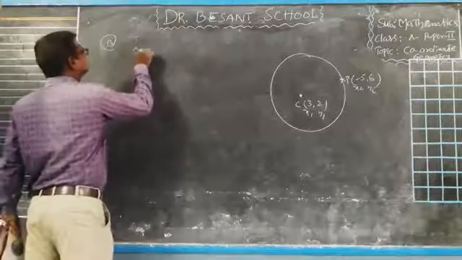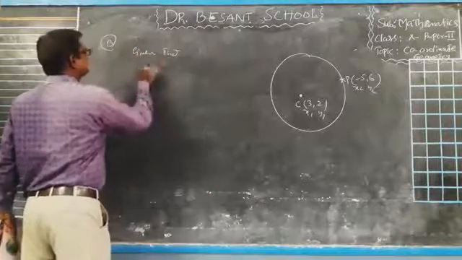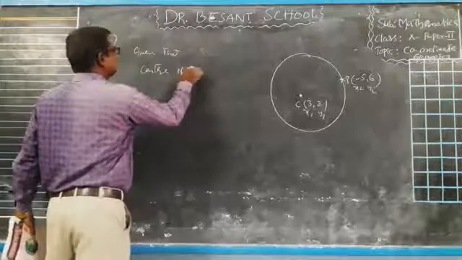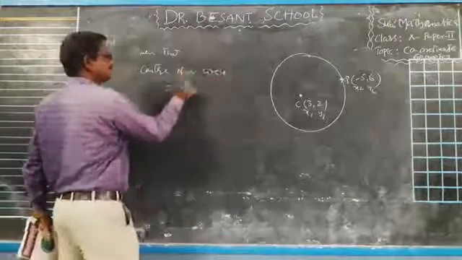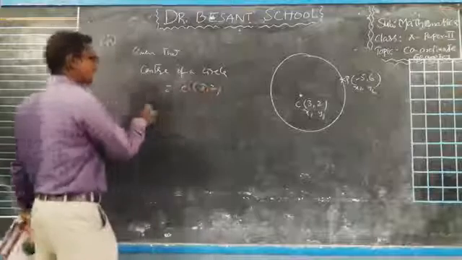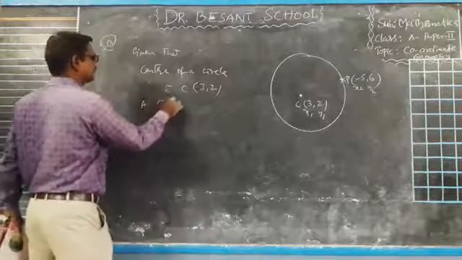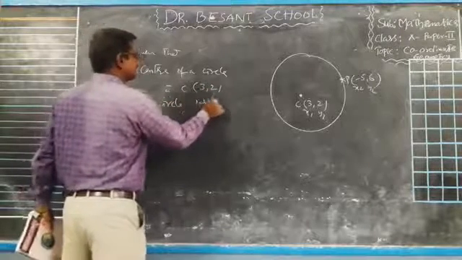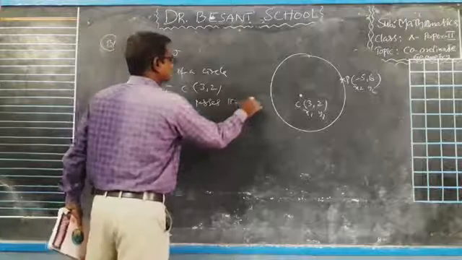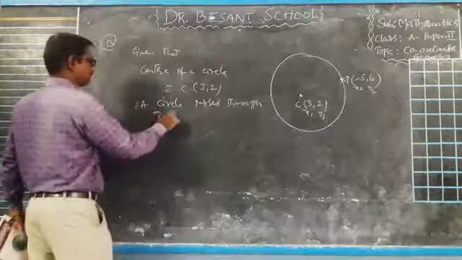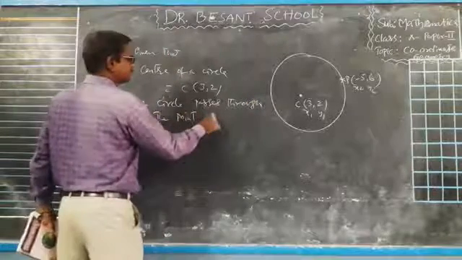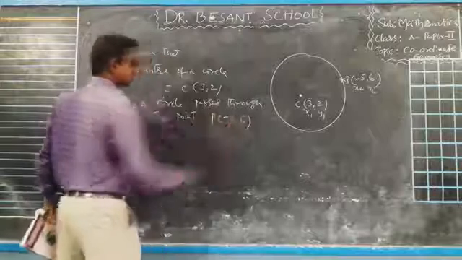Given that the center of a circle is C(3, 2), and the circle passes through the point P(minus 5, 6).